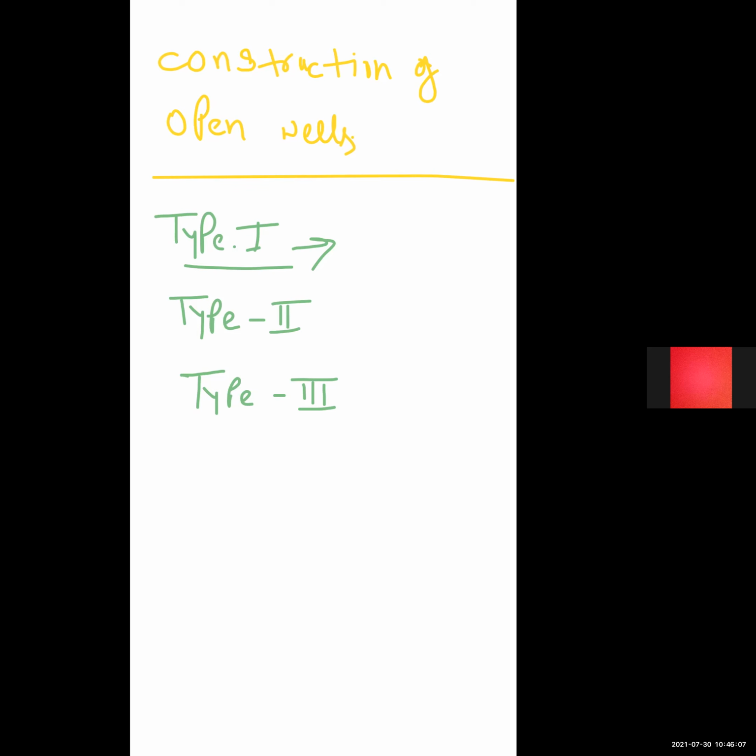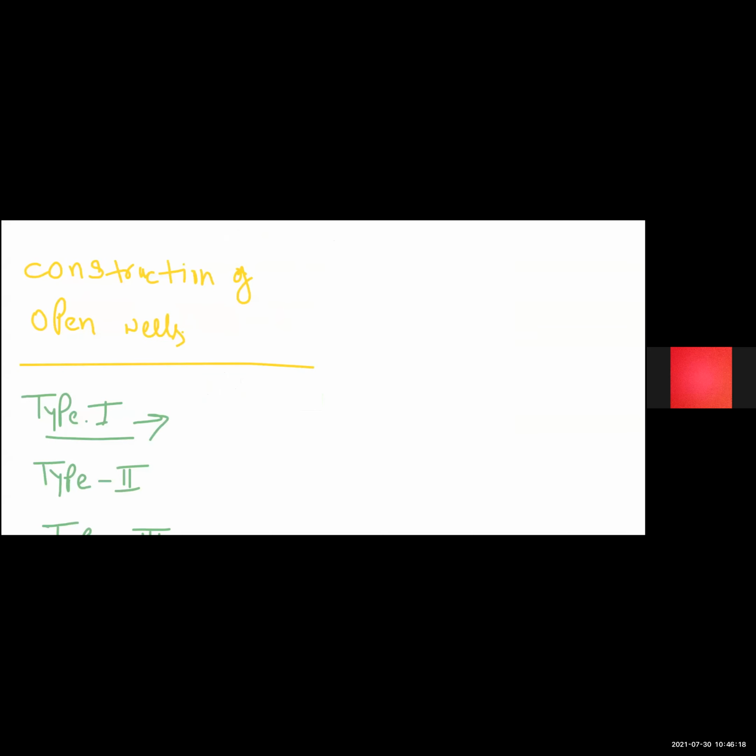Sometimes the thick layer is not available. So a shallow well may be sunk as described above up to the required depth and partly filled with gravel or broken stone.